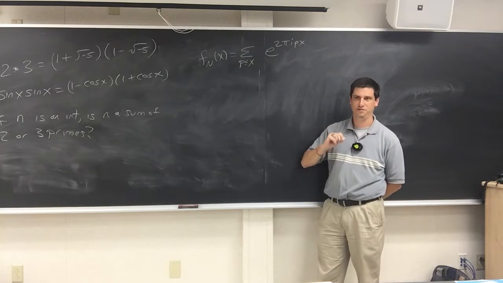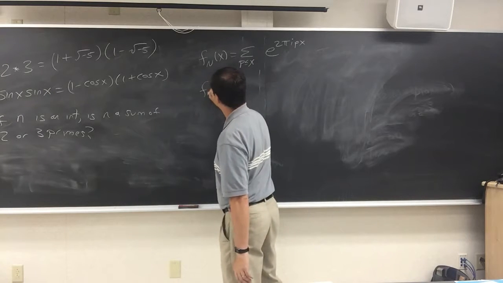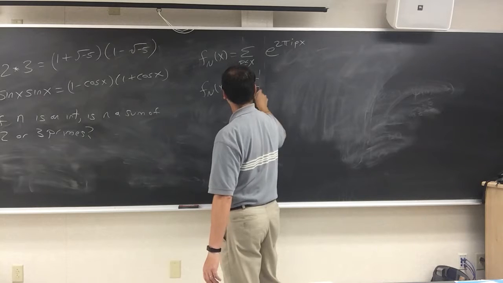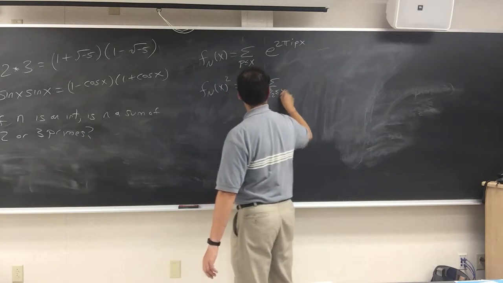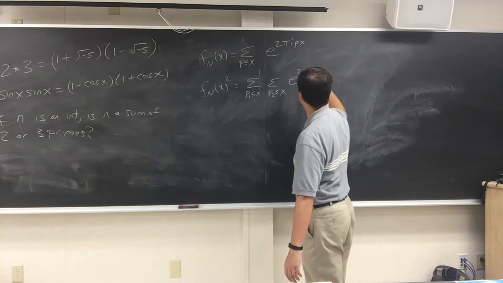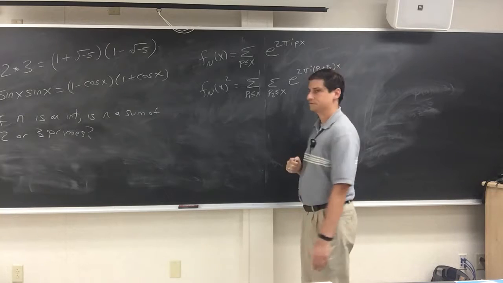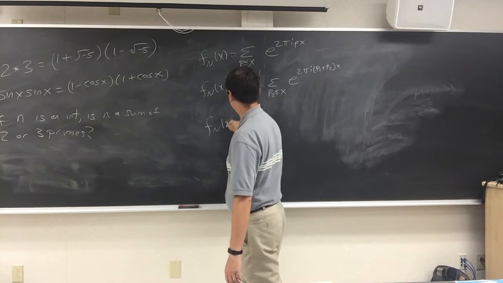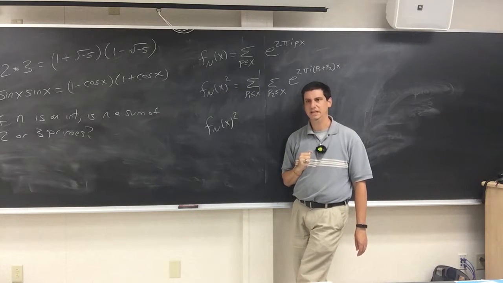Nothing too major. If I look at this function, let's look at f_n of x squared. That's the sum over p1 less than or equal to x, the sum over p2 less than or equal to x, of e to the 2 pi i (p1 plus p2) x. Now, somebody give me a large even number that they like. 2048.